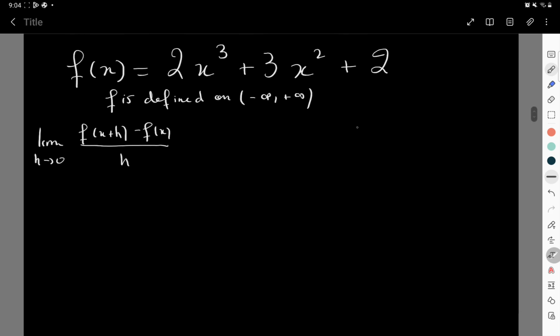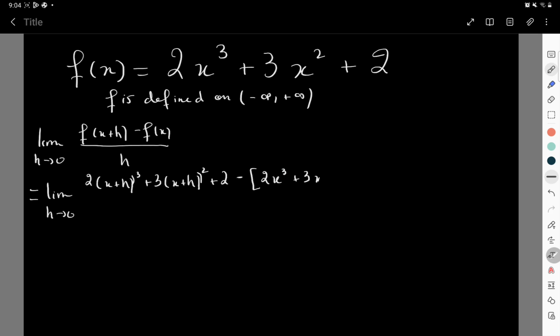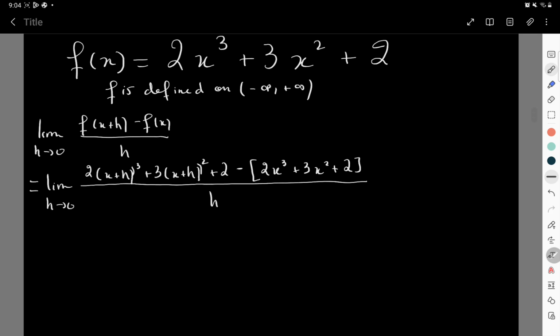So what is f of x plus h? It's 2 times x plus h cubed plus 3 times x plus h squared plus 2, minus 2x cubed plus 3x squared plus 2, over h.